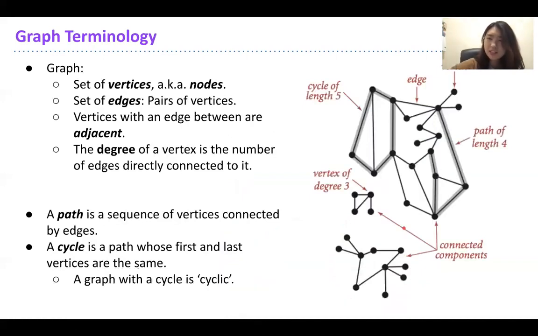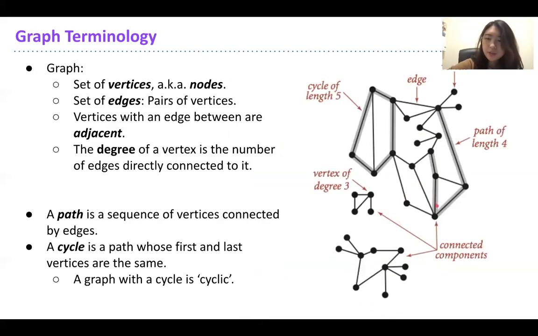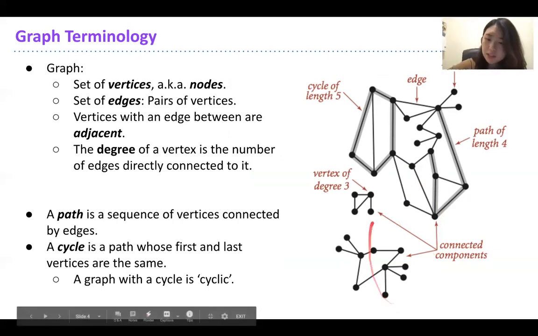And one thing I want to lastly mention, now that we understand what it means to be cyclic or acyclic: here we can say that there are three connected components. Connected components means how many parts are connected as a whole graph. You can see that from this graph, you cannot reach this graph, because there is no edge connecting these two graphs.